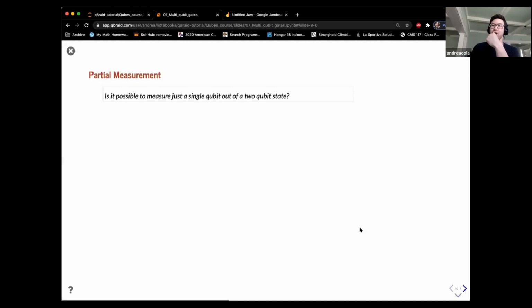Okay, now one natural question that you might have is: I give you a 2 qubit state. Is it possible to measure just a single qubit out of the 2 qubit state? Certainly this should be included as a possibility in our theory, in our formalism, because, as I was saying before, you could be creating the first qubit in one lab, the second qubit in another completely independent lab.